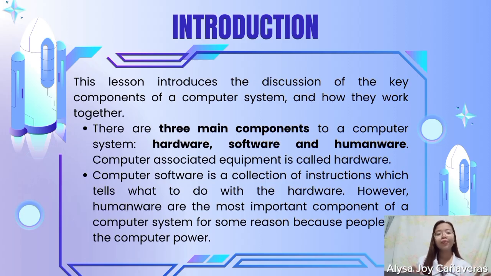So the software is the applications or anything that is controlling or giving signals on what would be the function of the hardware. However, the humanware is the most important component of a computer system because people use the computer power.